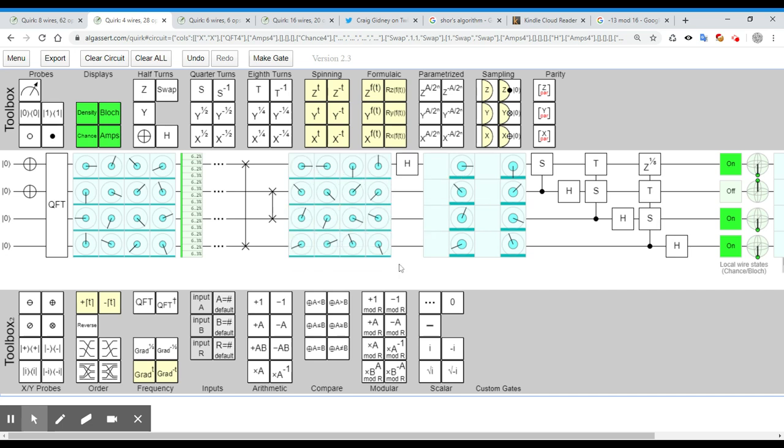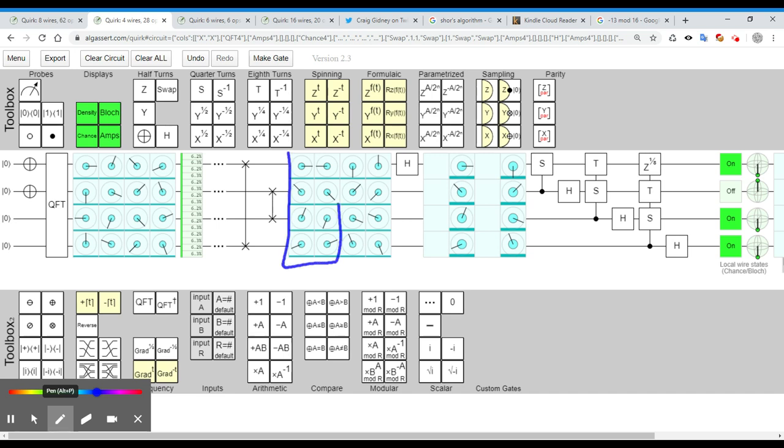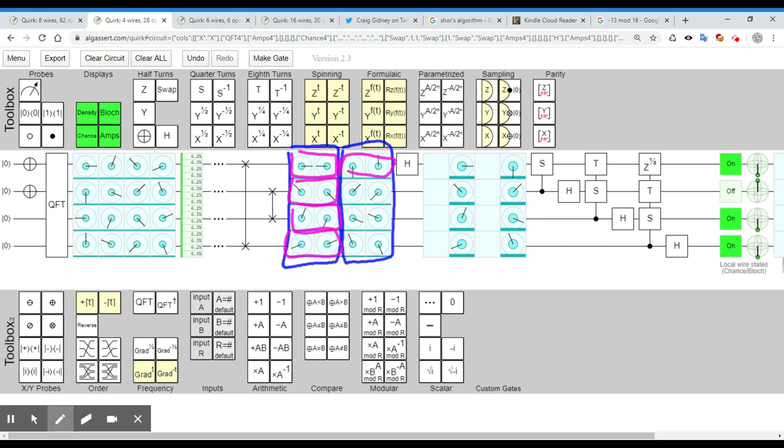Oh, wait a second. There is a pattern. If you take a look at those two halves, and at each of the pairs like these, they are exactly the opposite.